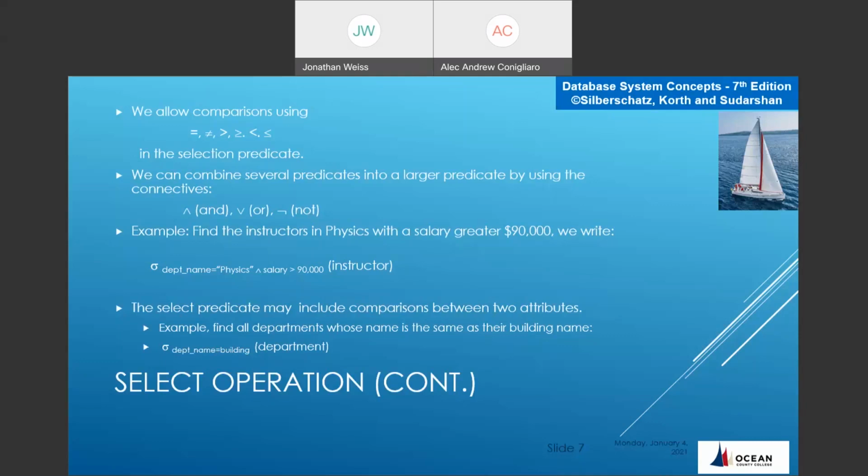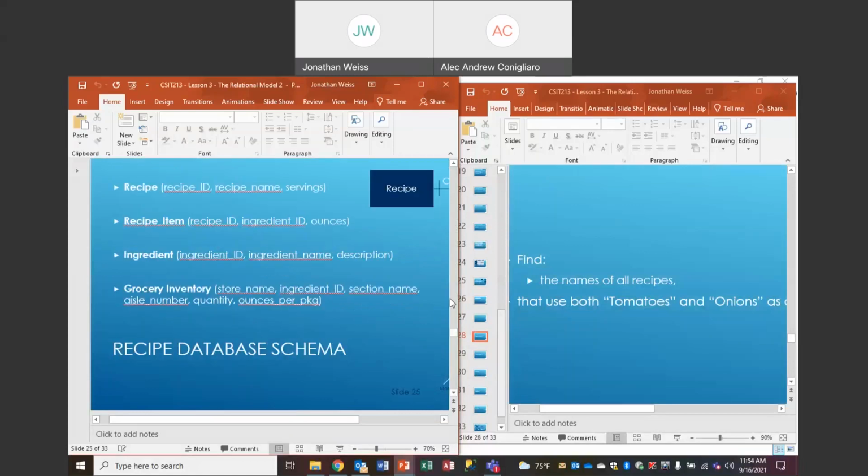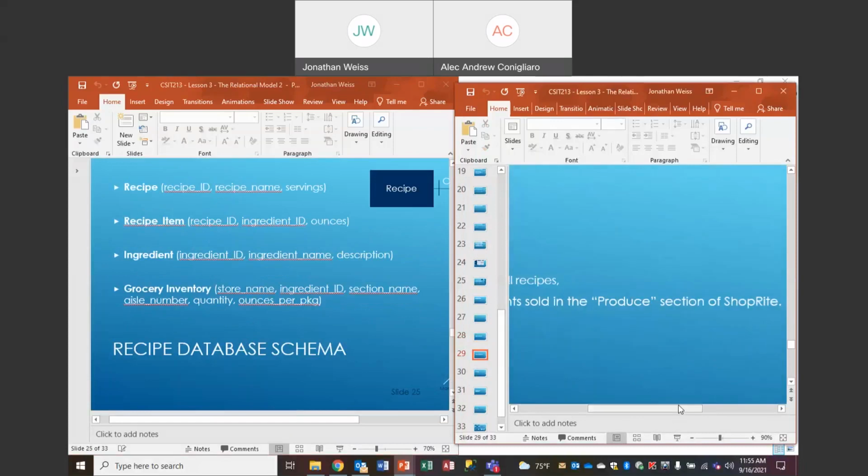All right, so let's go on to question number 3. Let me go back to the schema here. All right, question number 3: the names of all recipes that use ingredients that are sold in the produce section of ShopRite.